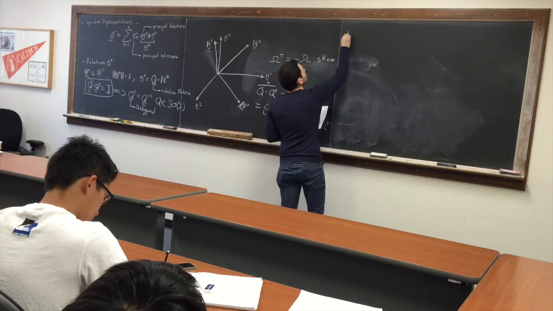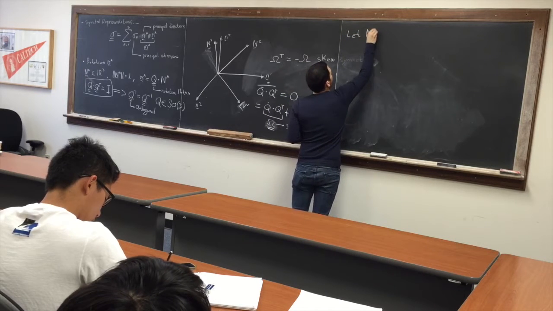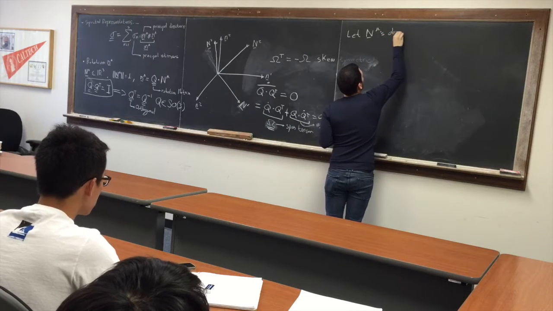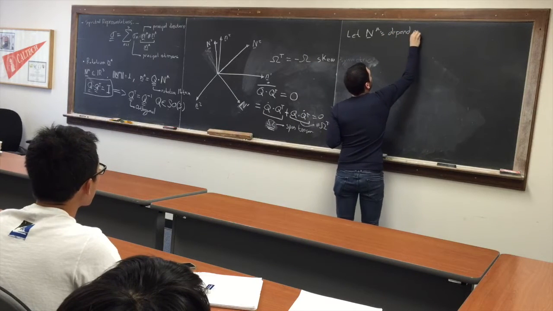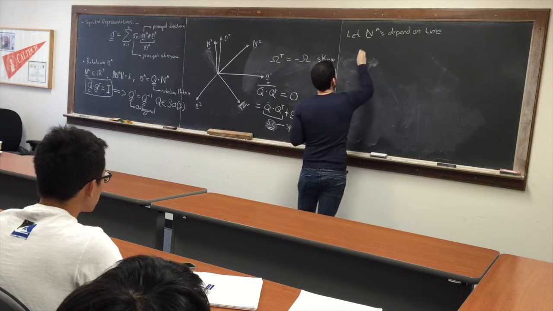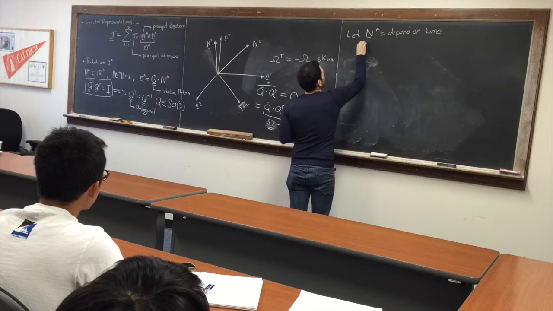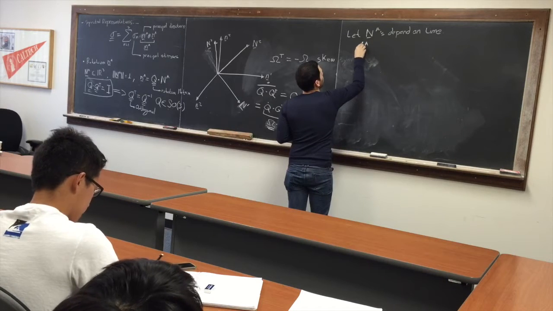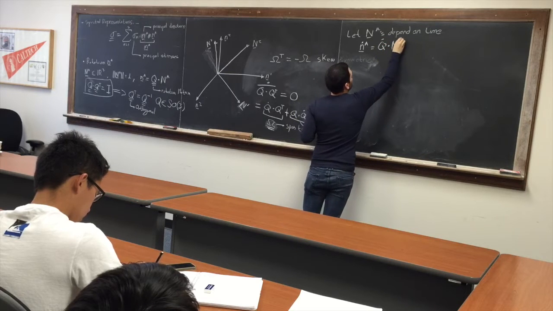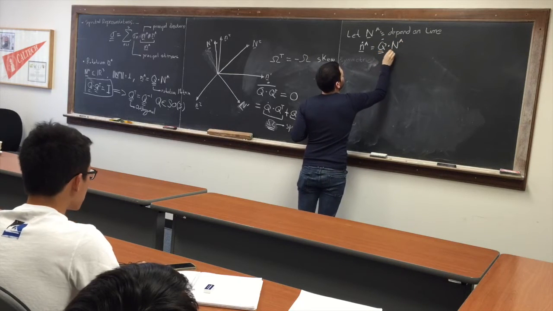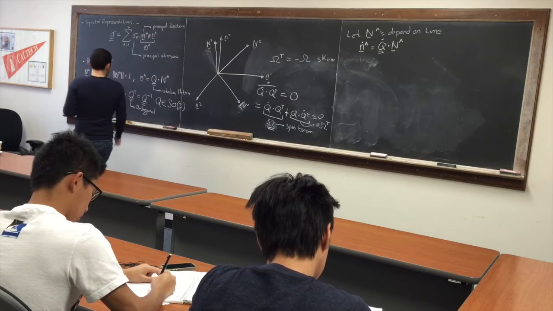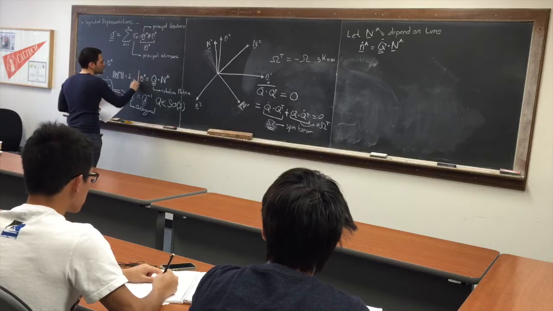Now, let the NAs depend on time. How? In such a way that NA dot is equal to Q dot times NA. Right? And we have also this definition here.